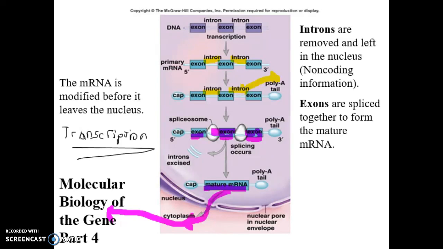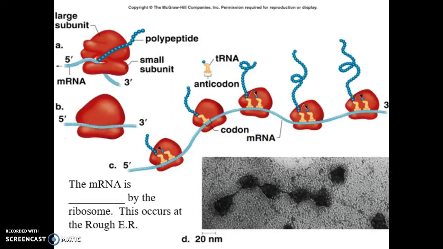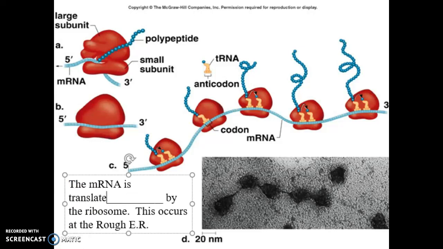Okay, so what we're looking at, and we talked about the introns staying inside the nucleus, the exons leaving. The exons are then going to go to the ribosome. And the ribosome is the key structure where this next step that we call translation occurs. So the messenger RNA is translated by the ribosome.